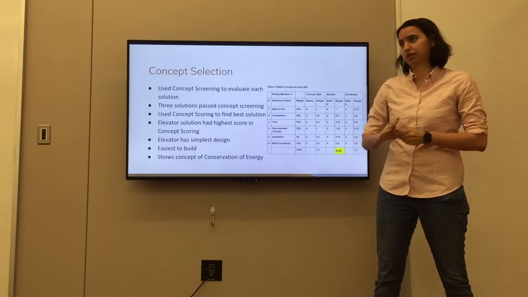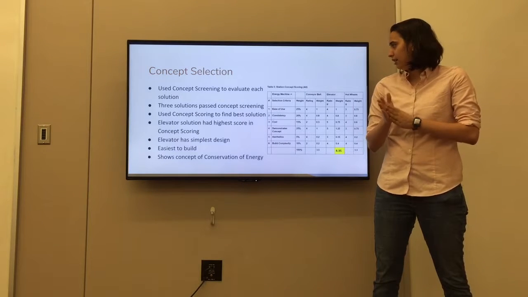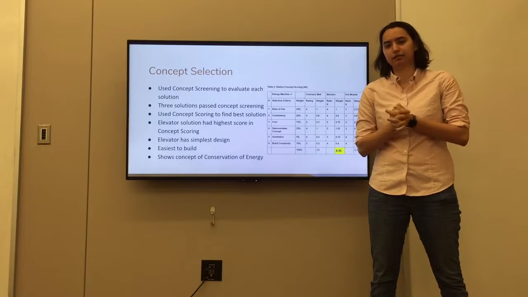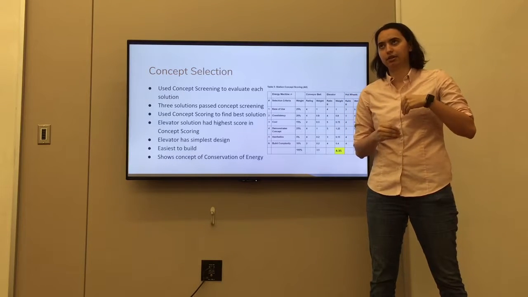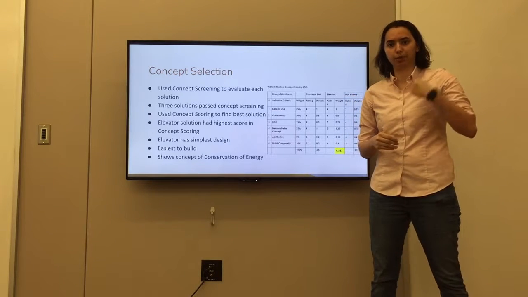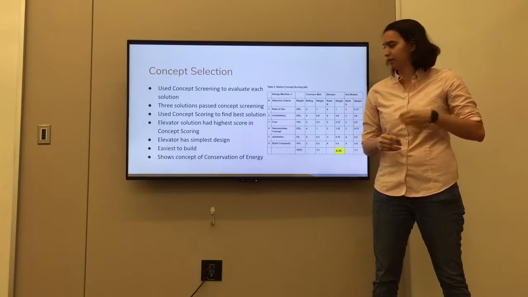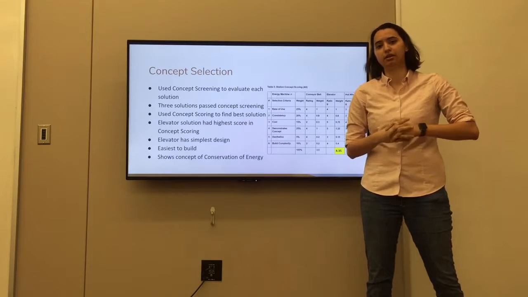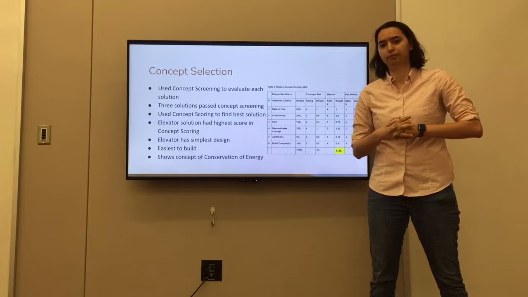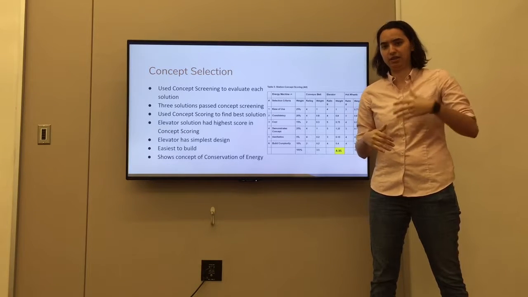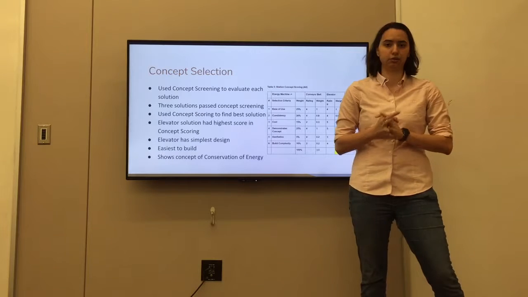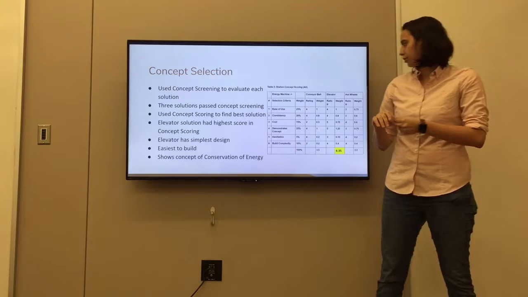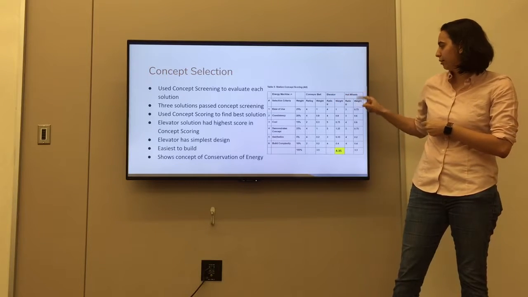During the concept selection phase, we evaluated each solution first by identifying different target specifications from the customer needs, and then from there we went through the concept screening to find the solutions that had the most positive opportunities and advantages. The three solutions that passed this concept screening were shown here as the conveyor belt, elevator, and Hot Wheels solutions.